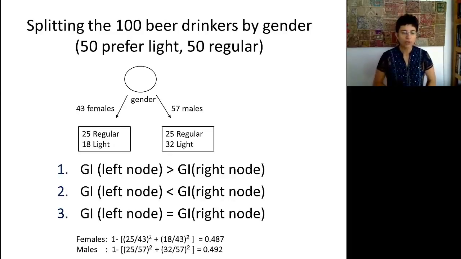Once again, we're going to use the probabilities: 25 over 43 for females and square that, and 18 over 43 in the female node, square that, add everything up and subtract it from 1, and we get a Gini index of 0.487. We can do the same thing for males, and we see that the Gini index for females is lower, indicating that that node is more pure, more homogeneous.